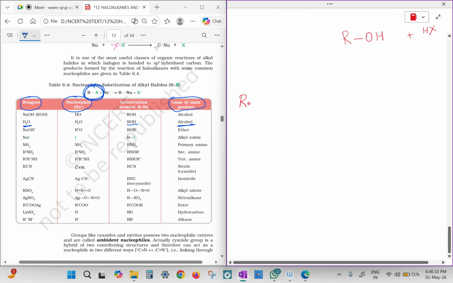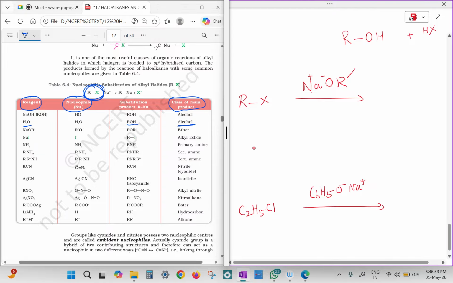The next one, we are just now doing this. Again, I'm taking RX and treating it with NaOR dash. Is it not similar to C2H5Cl being treated with C6H5O minus Na plus? The moment you see RONa, please start putting the charges and that way you will be very clear what is the nucleophile.